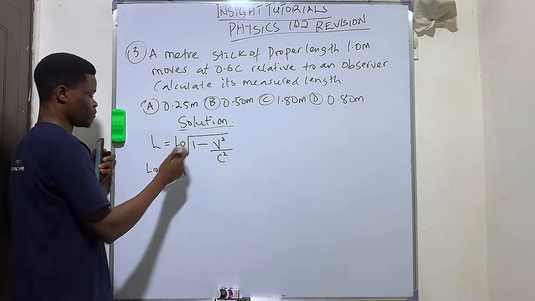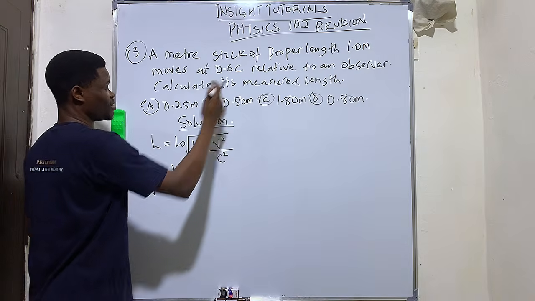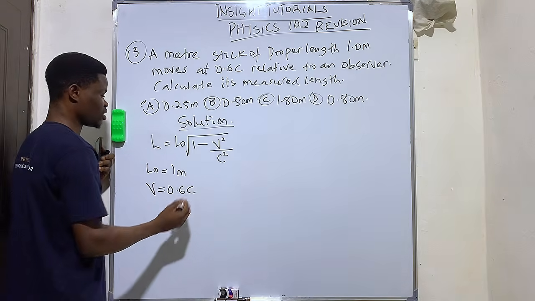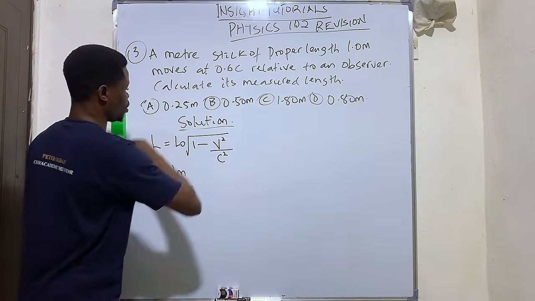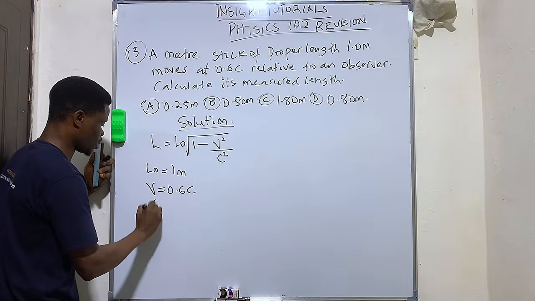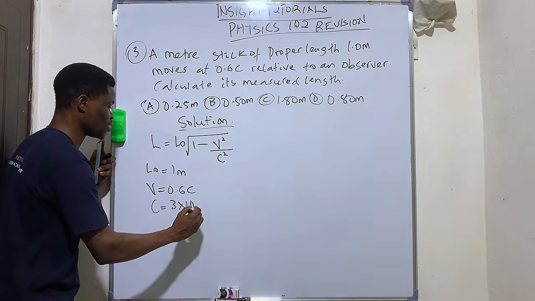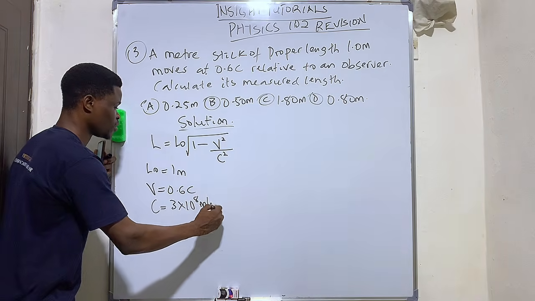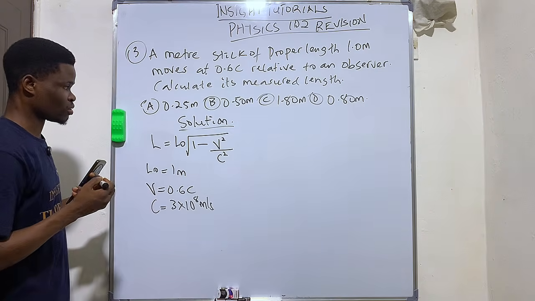And then the velocity of the object is 0.6 c. This c is simply the speed of light. And then the speed of light is approximately 3 times 10 raised to the power of 8 meter per second. So we're going to look for the contracted length, having gotten all this.